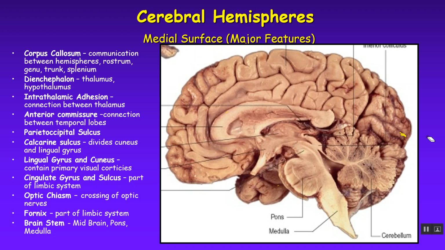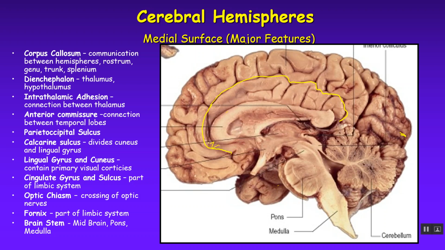Next is the cingulate gyrus and sulcus. The cingulate sulcus is C-shaped. Cingulate, C. That's the cingulate sulcus that wraps all the way around that inner surface, C-shaped.